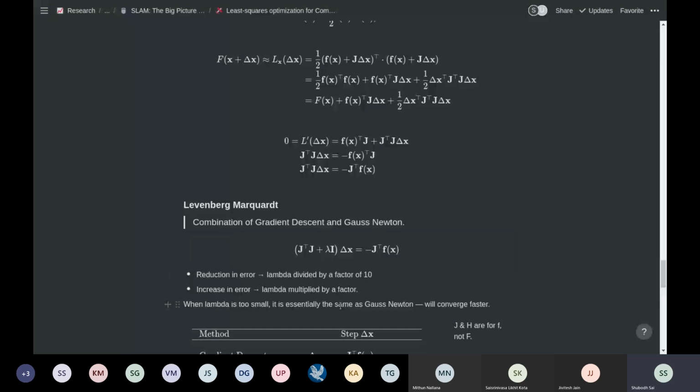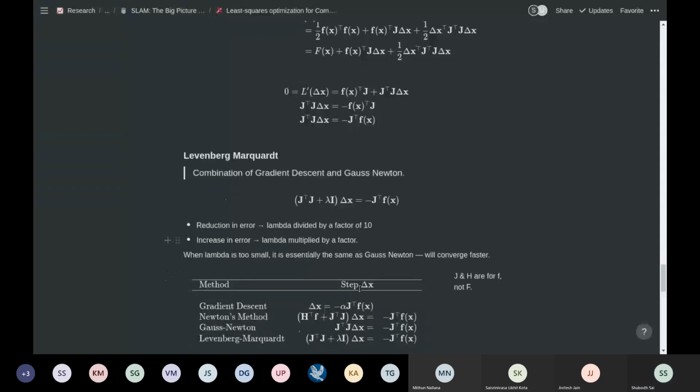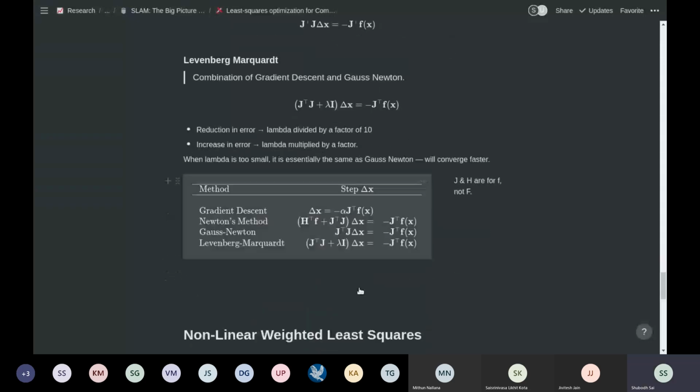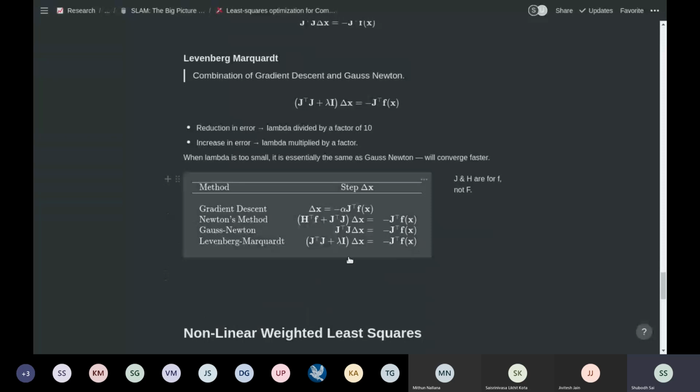So it is more likely to escape a local minima, or if it's not going in the right direction, gradient descent is kind of more stochastic in nature. So if you have an increase in error, you give more weightage to gradient descent. So this is the summary of the methods that you've seen till now.